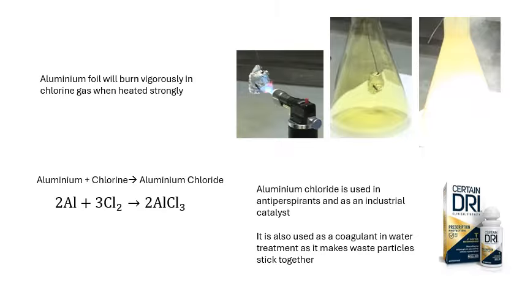It's also used as a coagulant. It brings things together, causes them to coagulate, and it's used in water treatment. It makes all the little bits of poo and stuff stick together, and that's easier for whatever to happen. I don't know. It's used as a coagulant in water treatment.